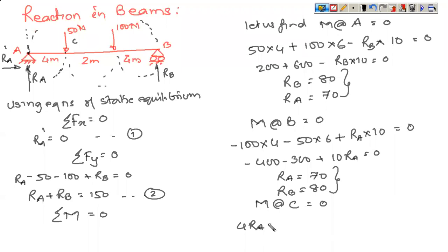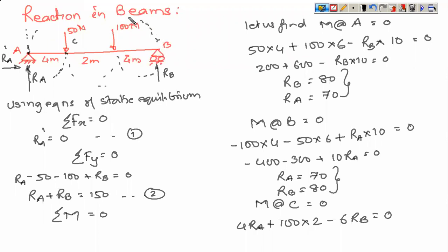100, so this is 100 into 2. Why this is positive? This is clockwise. So if this is clockwise, it becomes positive. So this is plus 100 into 2 clockwise in direction minus 6 RB is equal to 0. Why 6 RB? Because you are taking from this point, RB is at a distance of 6 meters.